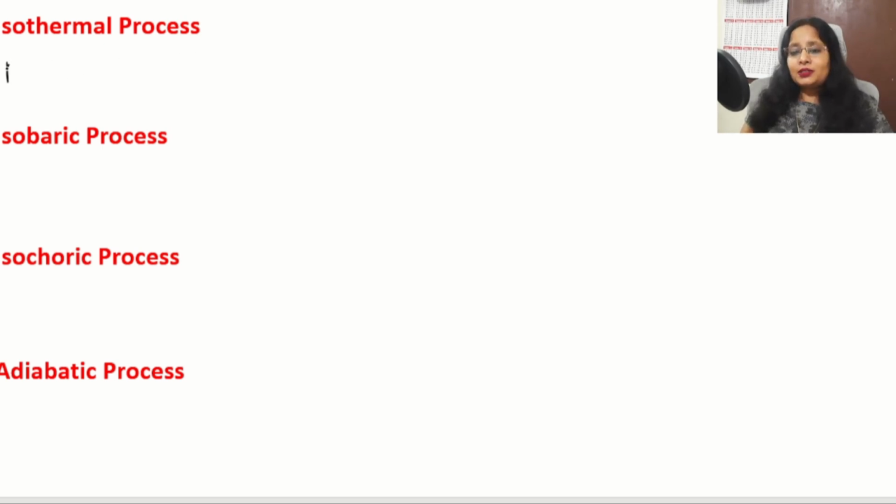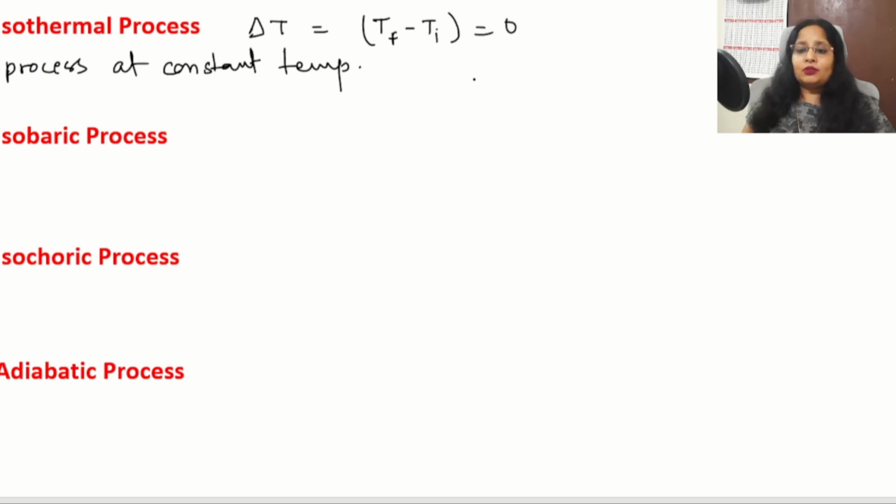So the process which occurs at constant temperature is known as isothermal process, and in this case delta T, which is equal to T final minus T initial, will be 0. Isothermal process, delta T will be 0, or we can say the temperature is constant.